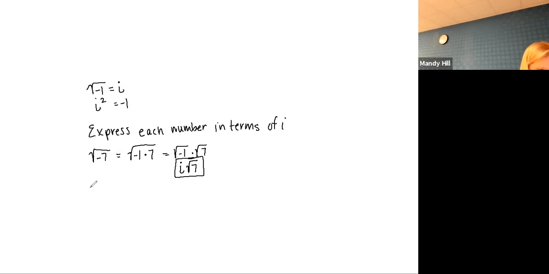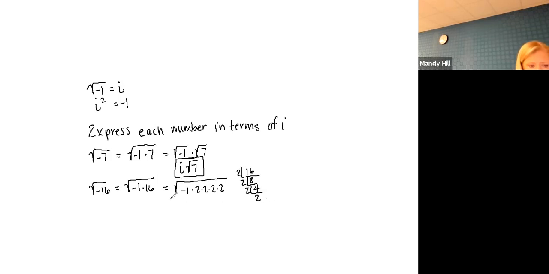So what happens if I have the square root of -16? We know that you can't take the square root of a negative number, but we could say that's -1 times 16. In this case, we could break that 16 down into 2 times 2 times 2 times 2, if we did the factor tree and found the prime factors of 16.